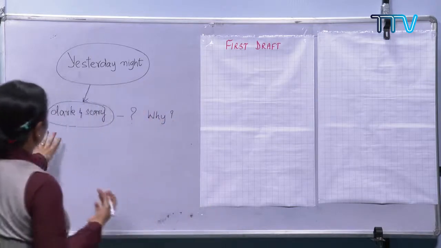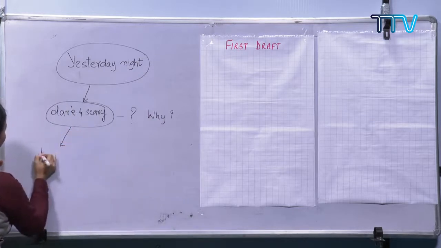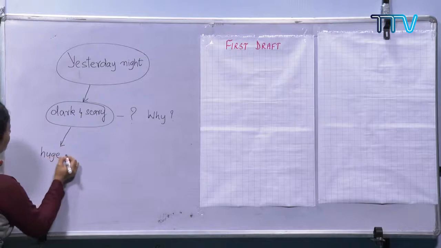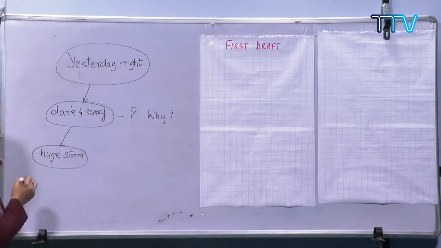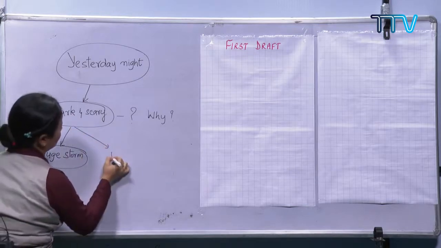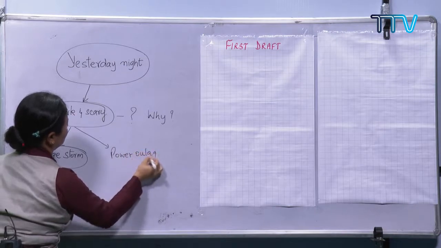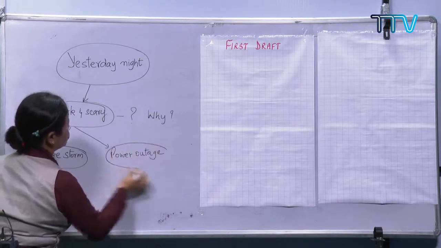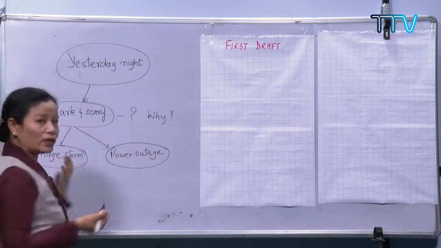Then we need to build on it: huge storm. And then what else? Power outage. It was dark, it was dark weather as well.